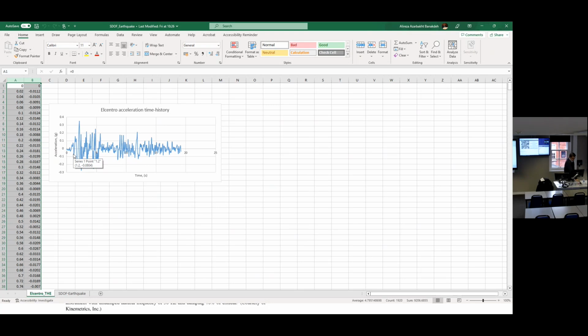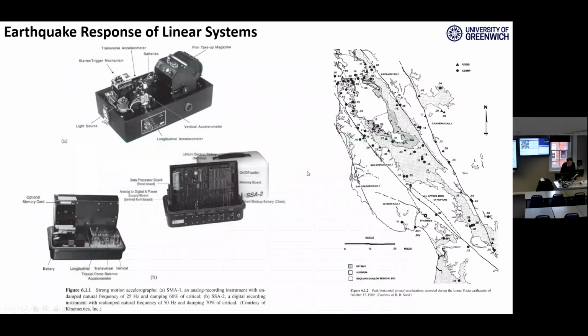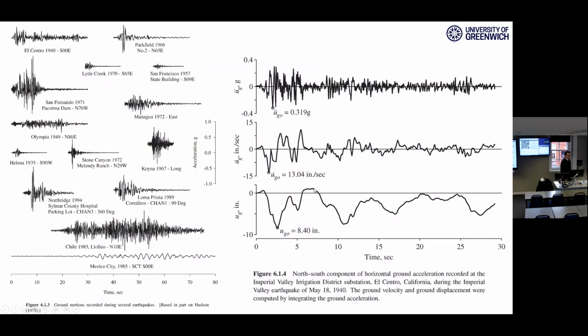So it's very precise data to be used for structure analysis. And here is an example of different earthquake recordings around the world. Each has a name, usually named after the most important city or something like that near the origin of the earthquake. It's San Fernando, El Centro, Parkfield, mostly from the United States. Chile, this is from Chile, not the United States.